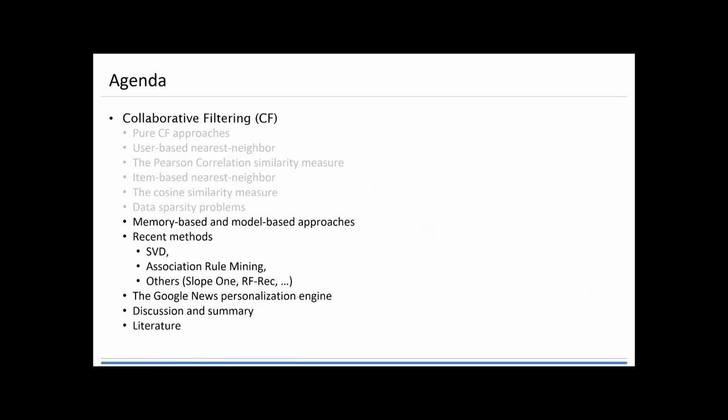So we already learned collaborative filtering, the pure CF approach, and we learned about the user-based nearest neighbor. We learned about the Pearson correlation. We learned about the item-based nearest neighbor. We used the cosine similarity, and we also learned how to handle data sparsity.